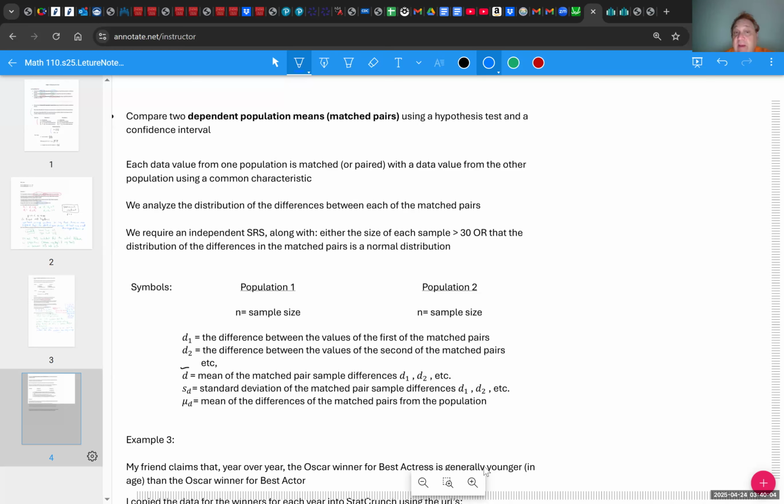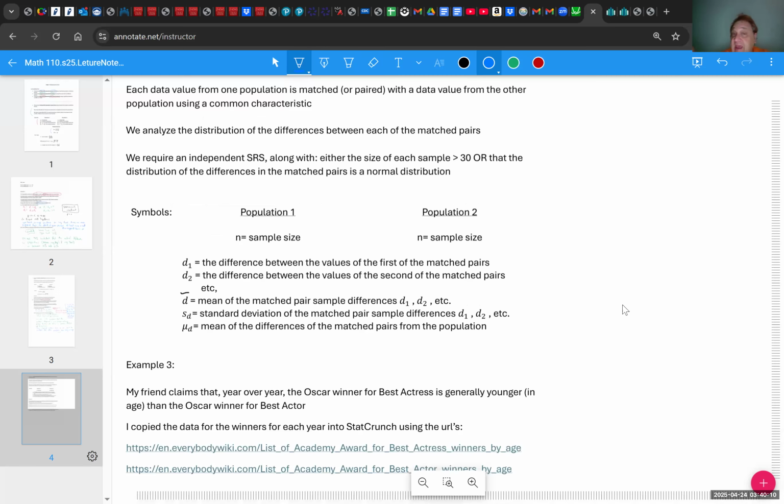One of those two has to occur. So we'll do some symbols and then we'll do the example. Because they have to be matched up, the sample sizes for each population have to be the same. So we don't need an n1 and n2 anymore because we're pairing them up. We have to have the exact number of people in the first sample as the second sample so they can be paired up.